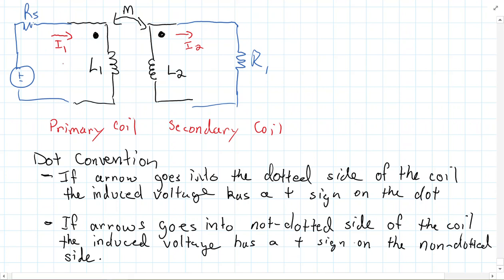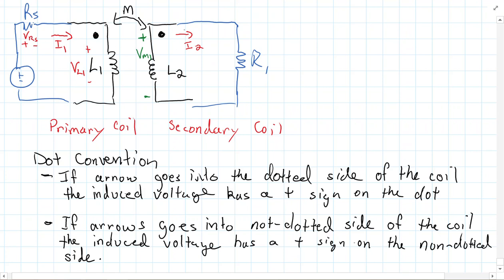If I were to do this loop here, I'm going to have a voltage across the resistor, plus minus, and then plus minus a voltage across the inductor due to the current I1. But then the current is entering the dot, so that creates an induced voltage, and since it's entering the dot, the plus sign is on the dot here. This would be VM1, which is what we usually did as far as our convention, because it's due to the mutual inductance, but it's due to current 1. But this is in the secondary coil, this voltage. This is not in the primary coil.